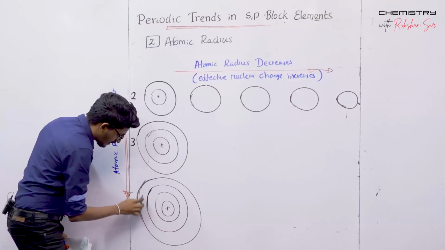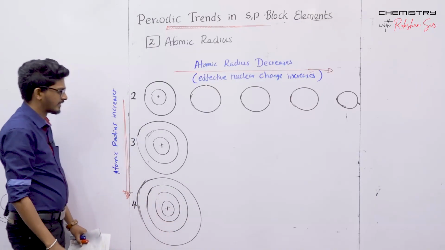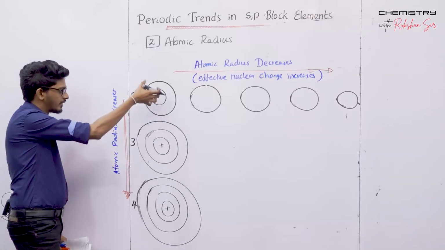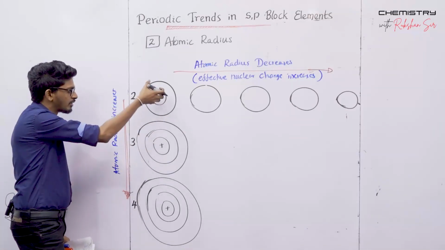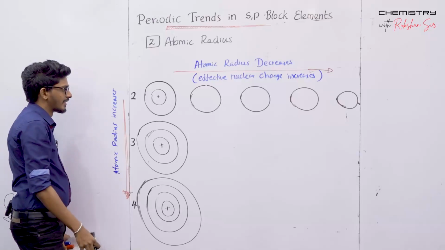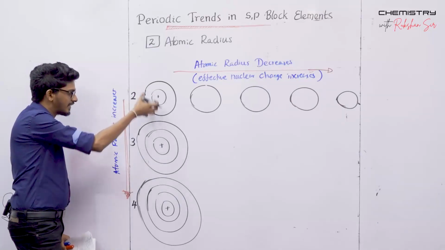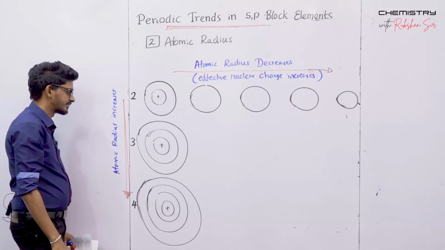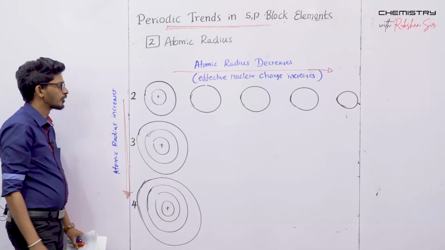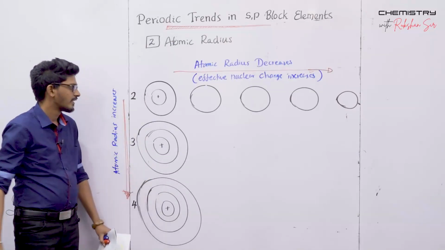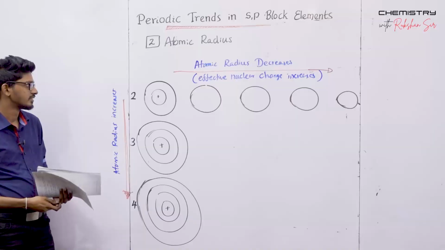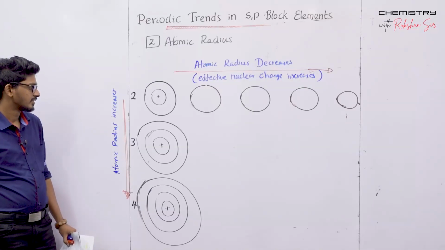So going down a group, as the number of electronic shells where the electrons occupy increases, the atomic radii will increase. That is the reason.